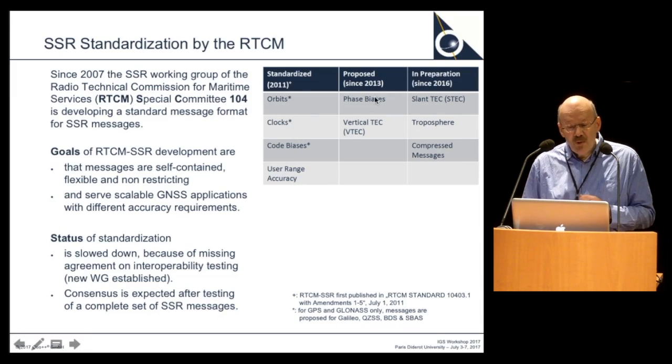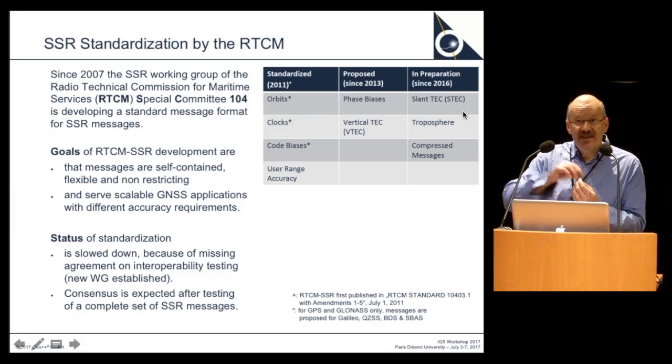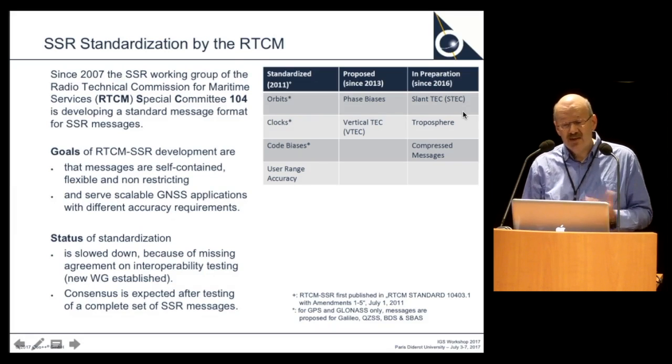We proposed phase biases and the vertical TEC message since 2013, but it's a little bit lacking in the acceptance phase of the RTCM working group. And we are already preparing and working on the concept, but also the implementation, for slant TEC. Slant TEC means individual receiver-satellite-dependent ionosphere, troposphere, and additionally compression of these messages.